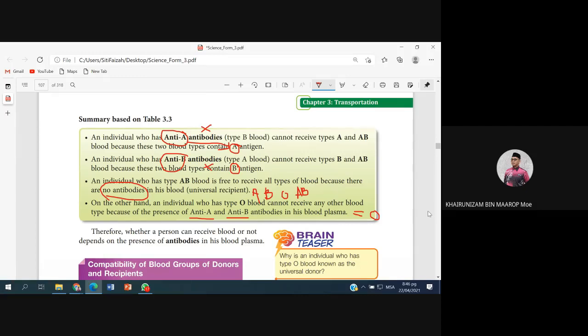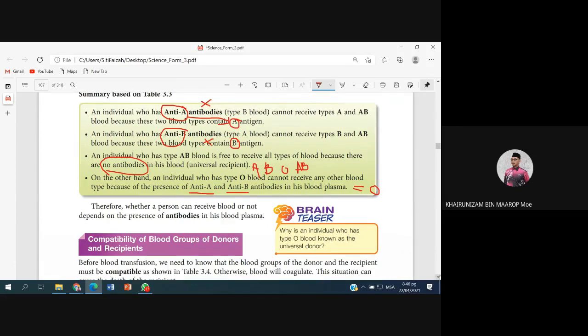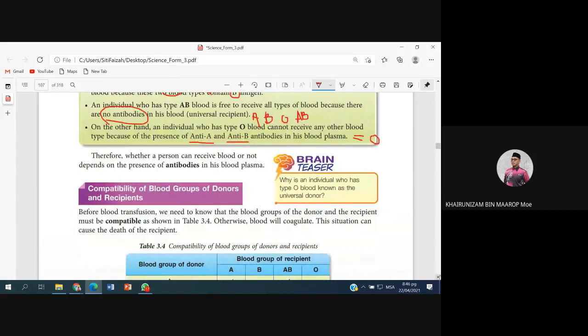But type O blood cannot receive any other blood except O. The type O blood we call universal donor because all types of blood such as type B, type A, and type AB can receive blood type O. That's why this blood type is called universal donor.